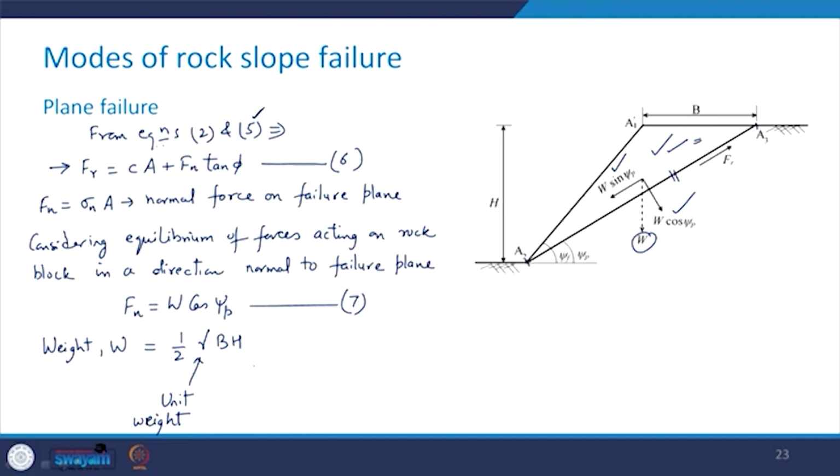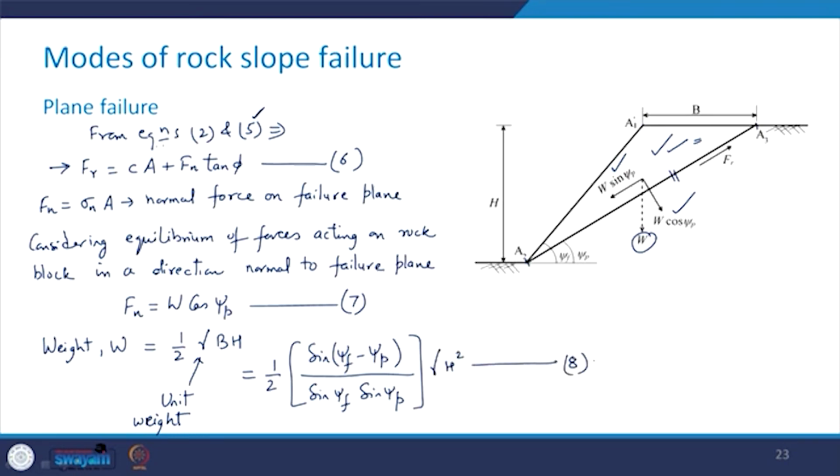So, from equation number 4, you just substitute the expression for B and see, this is what you will get as sine of psi f minus psi p divided by sine of psi f into sine of psi p, and this whole thing multiplied by gamma H square.